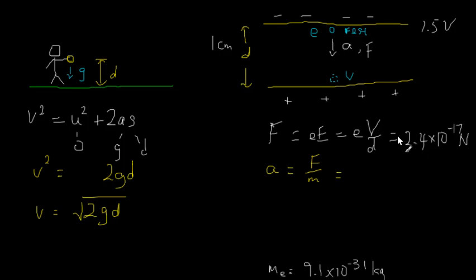Okay, so we know the force here. That's this answer here. We know the mass. You can look it up in a textbook or on the internet. So if I divide that force by the mass of the electron, I would get the acceleration for this example.